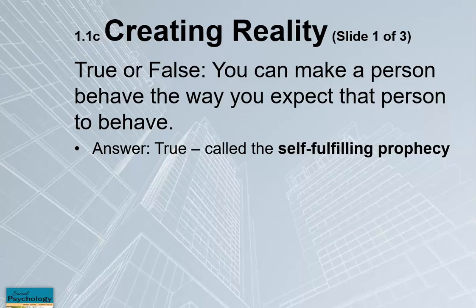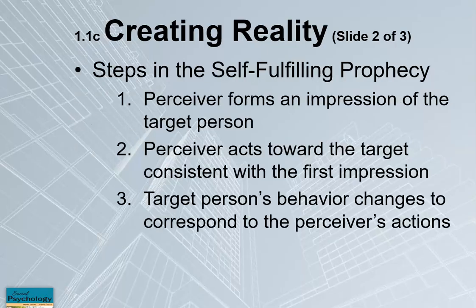So is this true or false? If someone makes the claim that you can make a person behave the way you expect that person to behave, well, that is true. That is called the self-fulfilling prophecy. There are steps involved in that process.